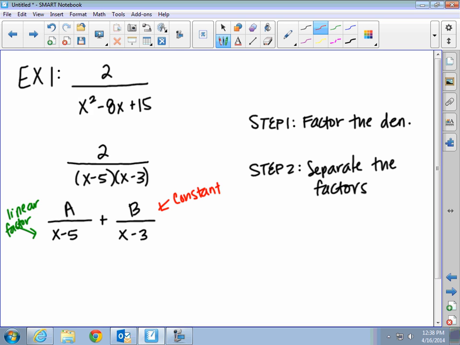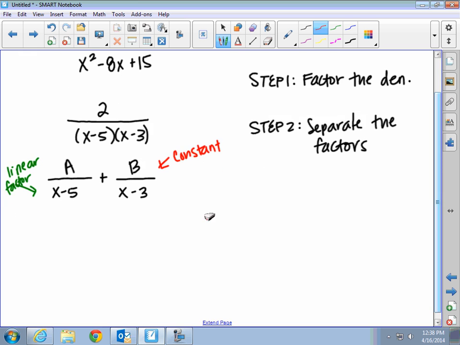We don't know yet. Okay, now, what we need to do is figure out what this numerator is, and the only way we can do that is to set this numerator equal to this thing. So here we go. It'll be A over x minus 5 plus B over x minus 3 equals 2.